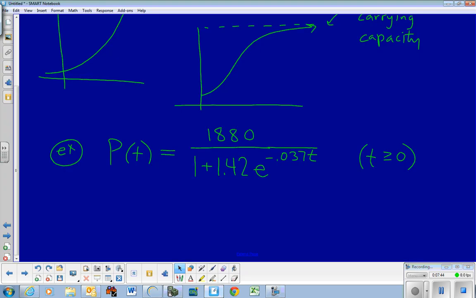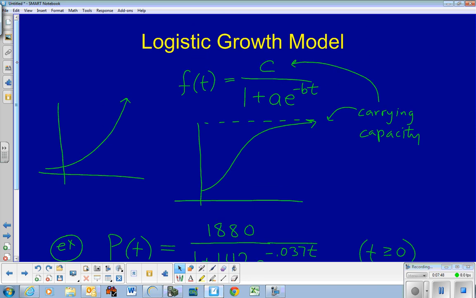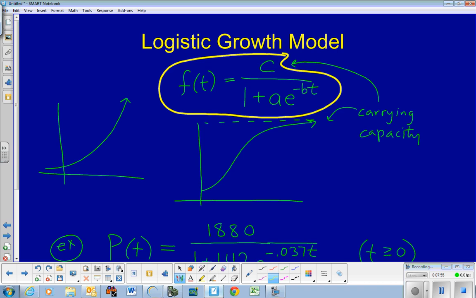We don't need to talk a whole lot about this one because you're going to be given the equation, all right? The background of this equation is beyond our level right now, but you should be able to use it. And you know, if you're given A, B, and C, you should be able to sub in an amount of time and get the value of the function, or in your calculator, you should be able to sub in a value for the function and get the amount of time t.